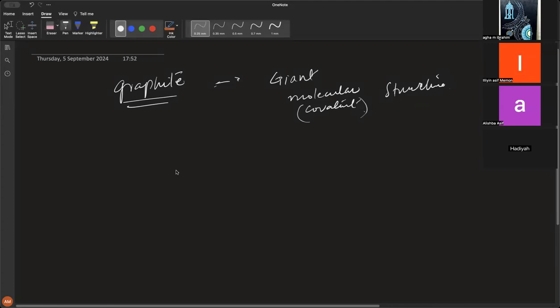Things that we need to understand about graphite is what graphite is. Another allotrope of carbon.